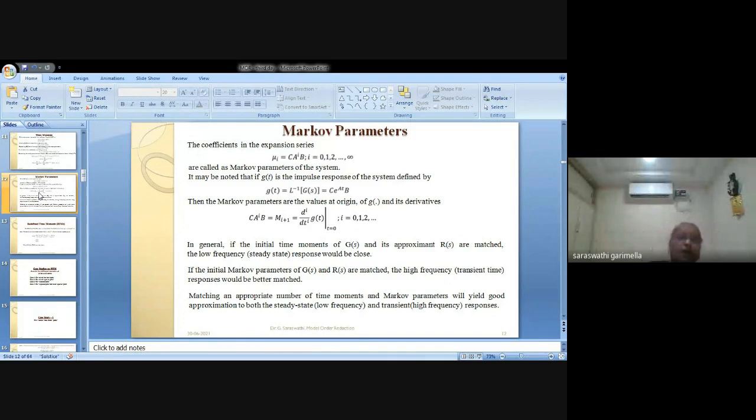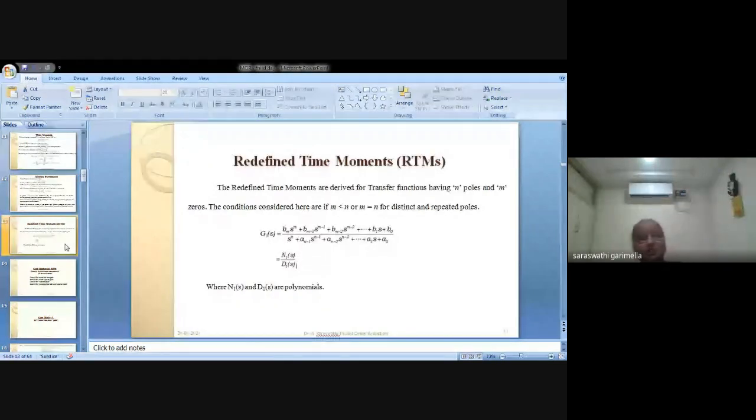First of all, you have to match the steady state value. So a minimum of one time moment must be considered. You may take any number of time moments and Markov parameters to get a proper approximation, but at least the initial time moment must be considered for proper approximation in all frequency response methods.